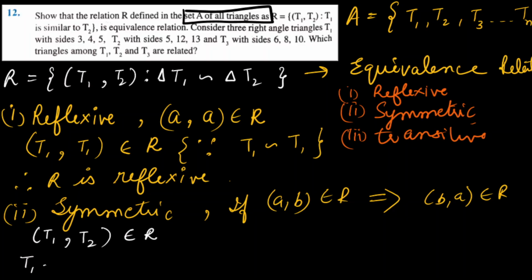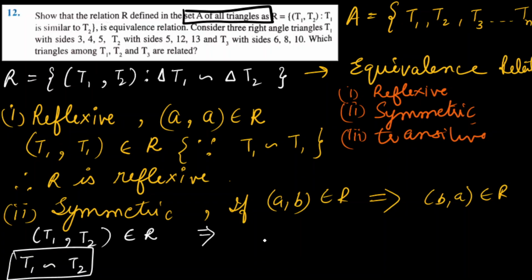It means T1 is similar to T2, because it's the given condition of the relation that if we are taking two triangles, the triangles are similar to each other. So T1 and T2 are similar to each other.